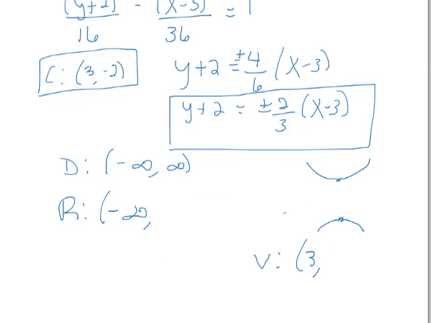And that's going to become 2. So (3, 2). And then negative 2 minus 4 would be negative 6. So now the range would be negative infinity to negative 6, union 2 to infinity.